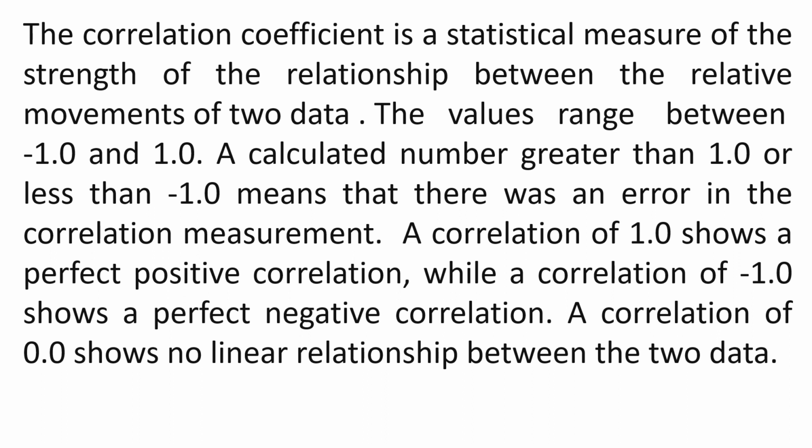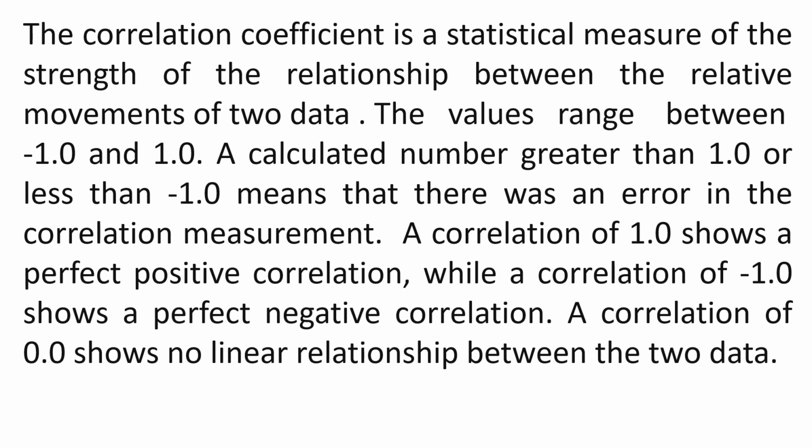Suppose it can be minus 1. It can range from minus 1 to 1. Suppose it is minus 1.0, then it is perfect negative correlation.